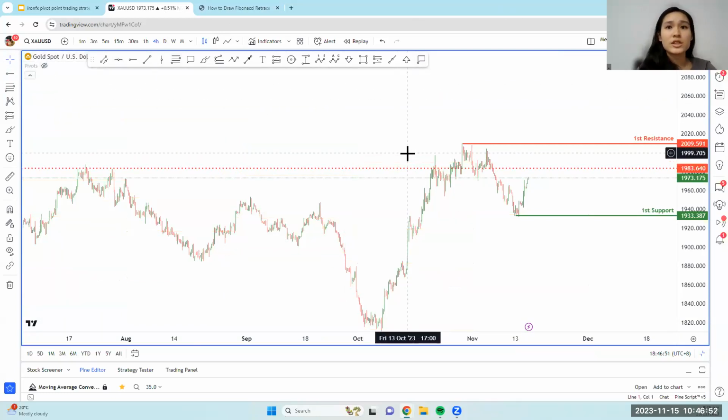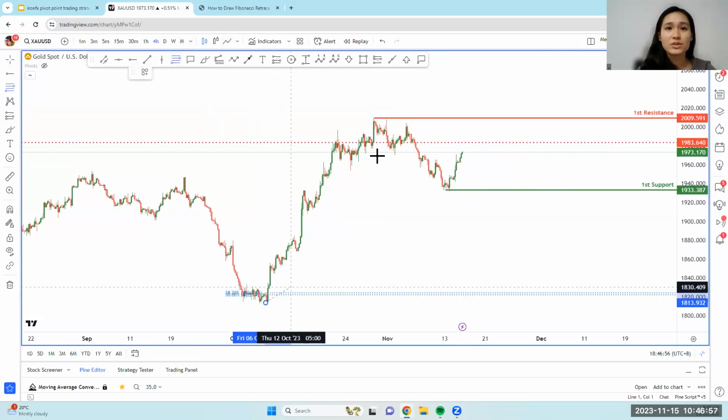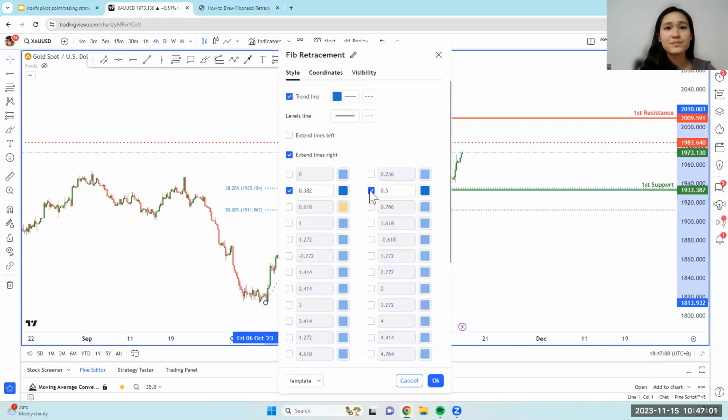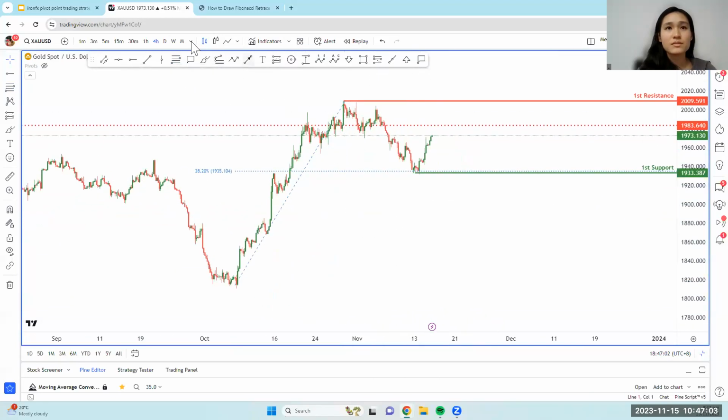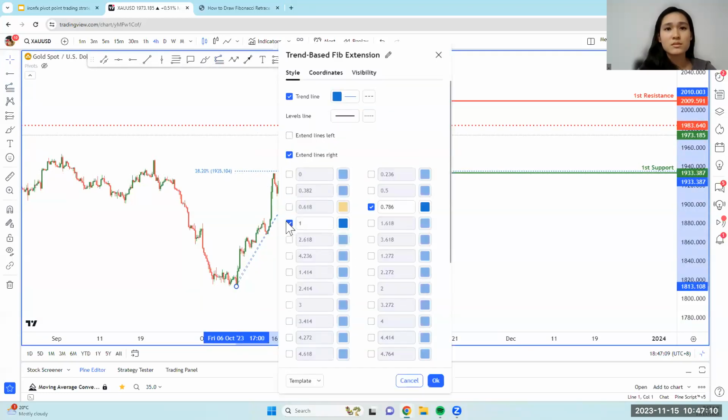I'm going to get rid of that so that it's not so messy when I go in with my Fibonacci levels. The 38.2 lines up nicely.